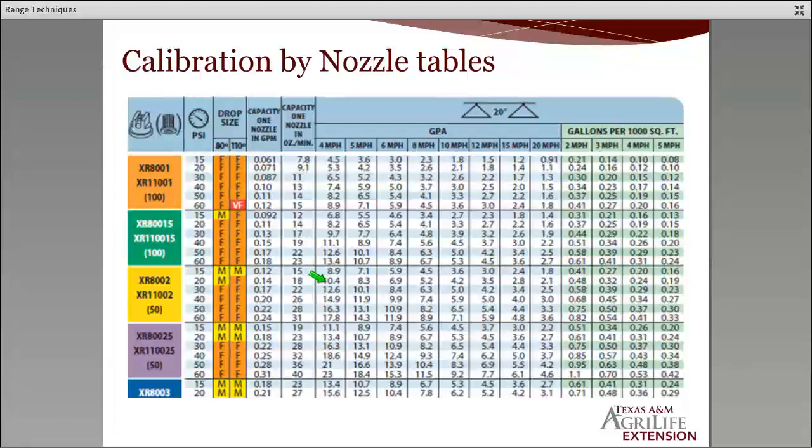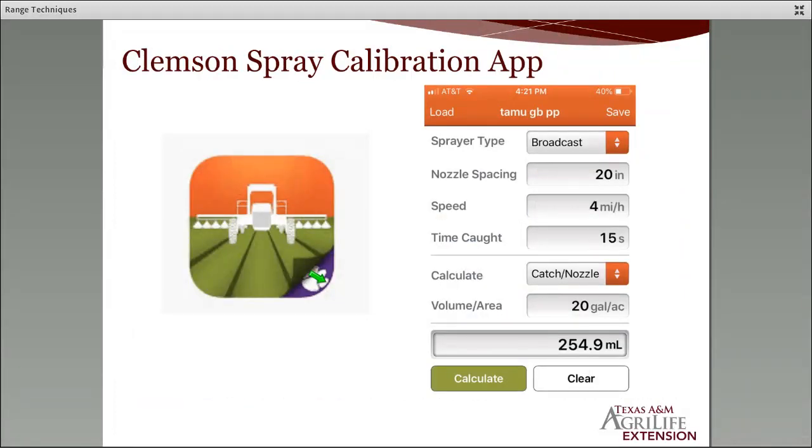I find these tables are not exactly accurate, but they're pretty close. They're a really good starting place. This right here is a sprayer calibration app that Clemson put out a while back. I have it on my phone, and typically I will use the table, get close, and then I'll use the app.